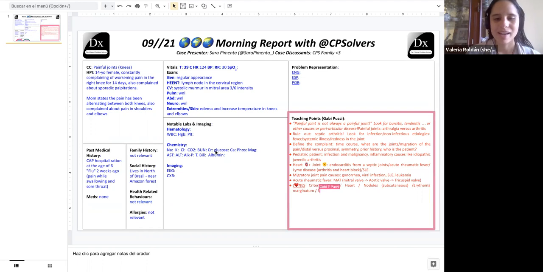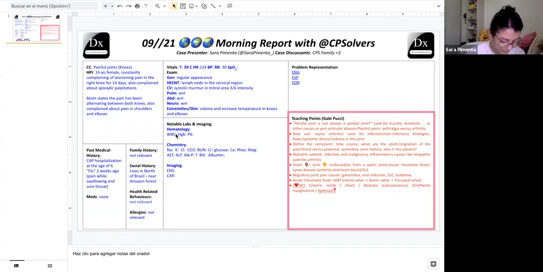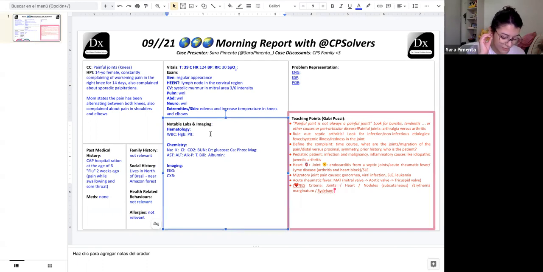Really appreciate it. So Sarah, maybe we can go on and you could share with us some of the exams. So for the exams, I don't have the exact numbers of the blood count, but I do know that the patient had leukocytosis. We also did an ANA. I don't know if this is the exact name of the exam in English, but it's the exam for lupus, and it came back negative.